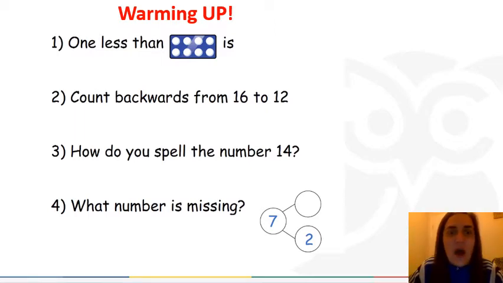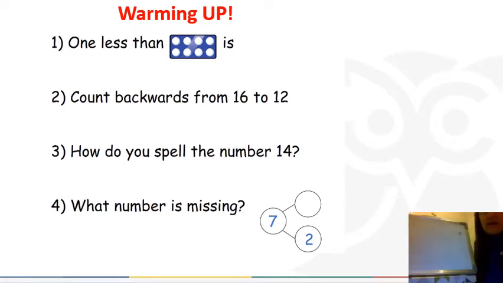Question 3. How do you spell the number 14? Can you have a go? Question 4. What number is missing from the part-whole model? Pause the video now if you need a little bit more time to have a look at the questions.